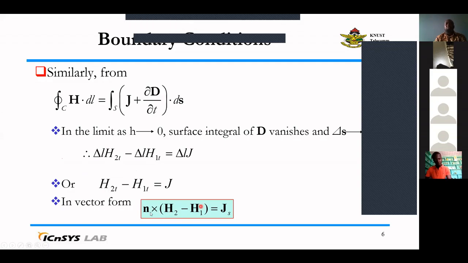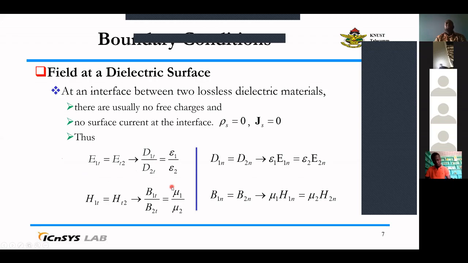So H2T will be N cross H2, H1T will be N cross H1, and that should be equal to J, which is the current density. In other words, the tangential component of the magnetic field intensity is not continuous across the interface, and the amount of discontinuity is equal to the current density, J.